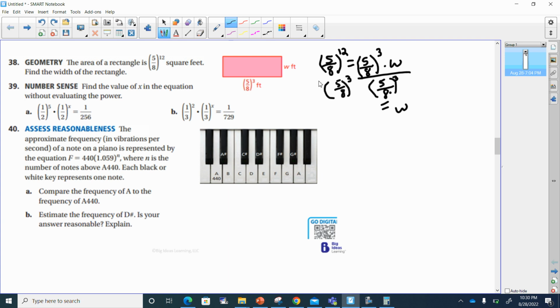And now I have a division problem where my base is the same. 12 minus 3, that's going to be 9. So my answer is 5 over 8 to the 9th power. Does everyone see how we got that? So 38 would be 5 over 8 in parentheses to the 9th power.